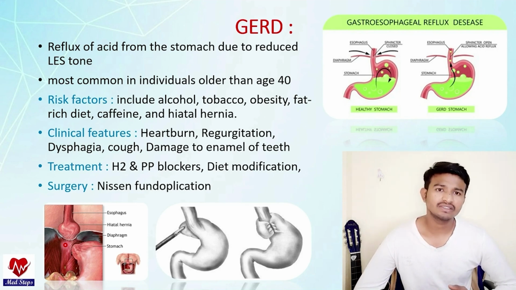Histamine blockers are drugs that block parietal cells from producing hydrochloric acid. What drugs come under histamine blockers? Cimetidine, ranitidine, nizatidine, and famotidine.